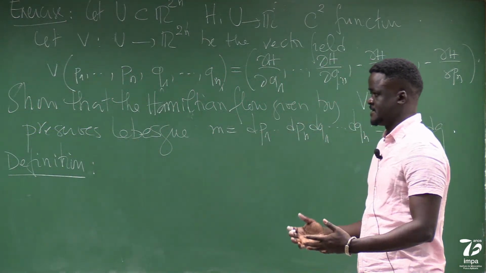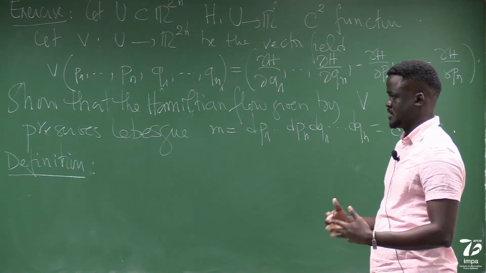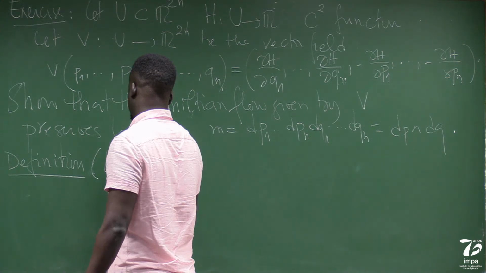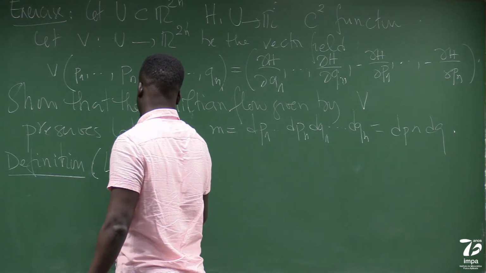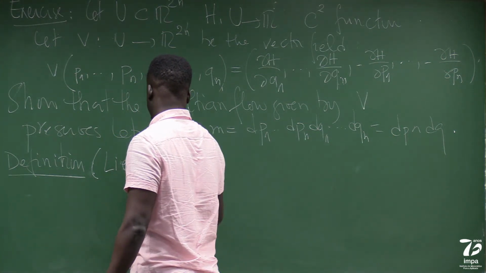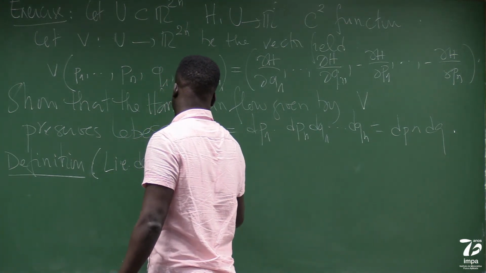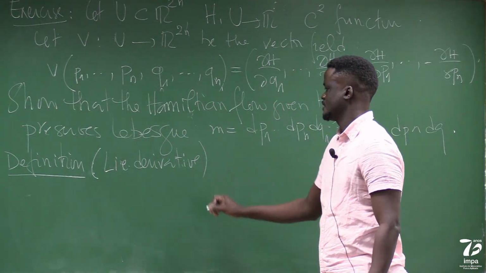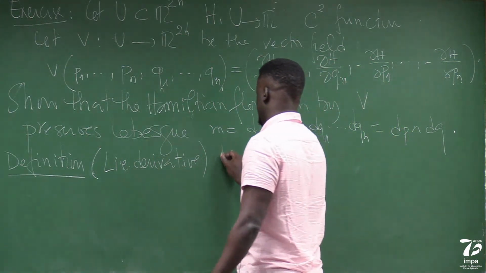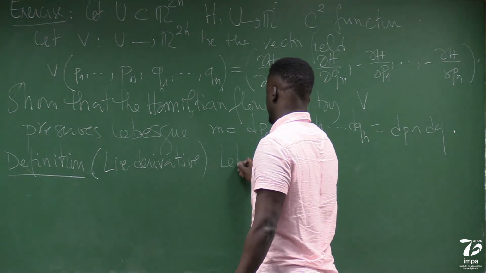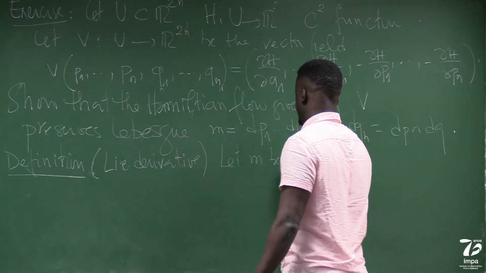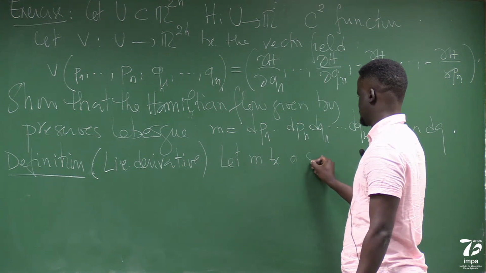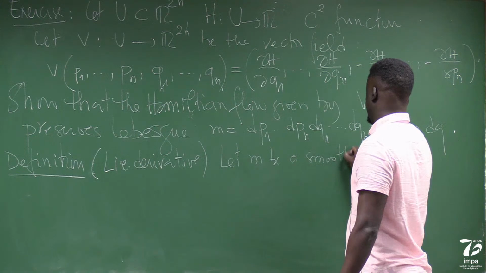Definition: the Lie derivative of a form. Let M be a smooth measure.